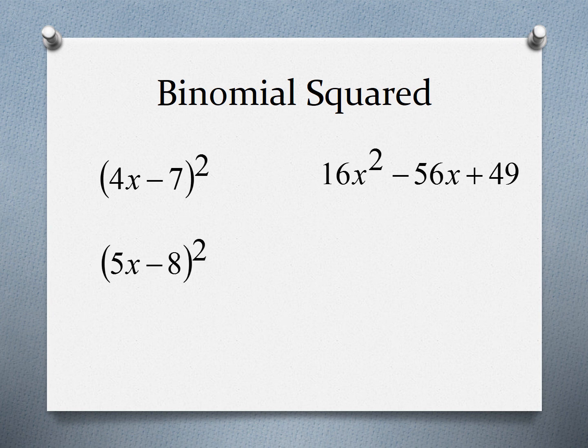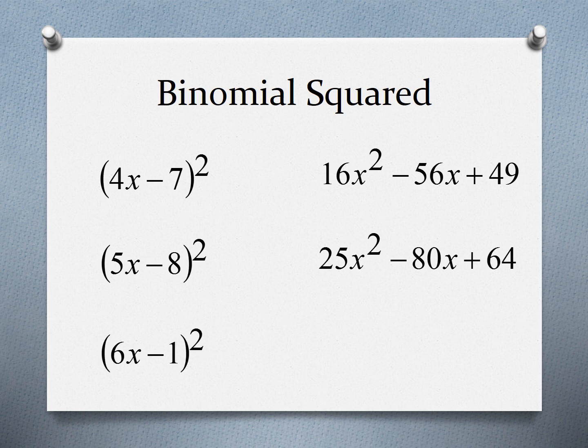Same thing here. And the same thing here with 6x minus 1, quantity squared. Square the first term, square the last term, in the middle, multiply the two terms, and multiply them by 2. Respect the fact that we have negatives here, so our middle term will be negative.